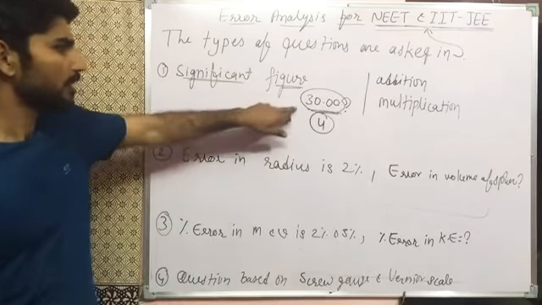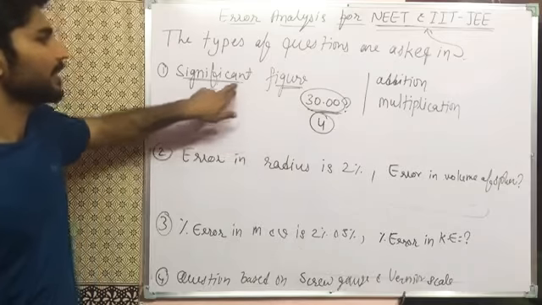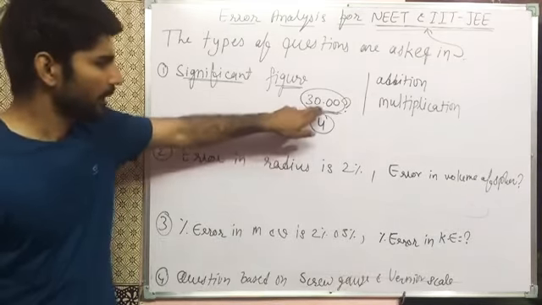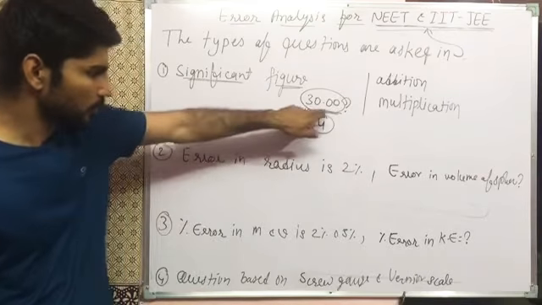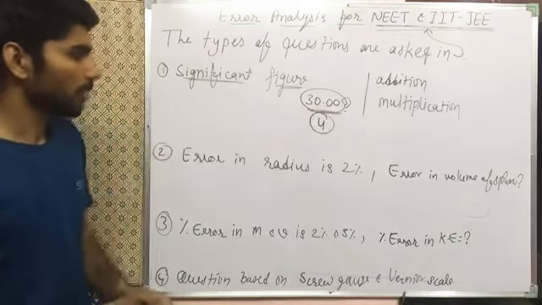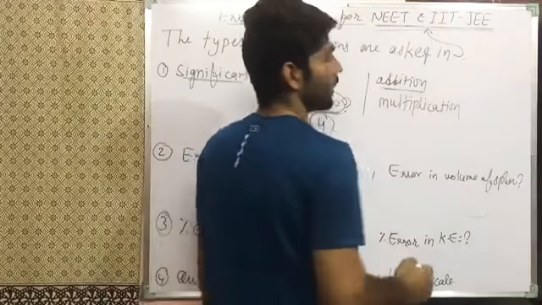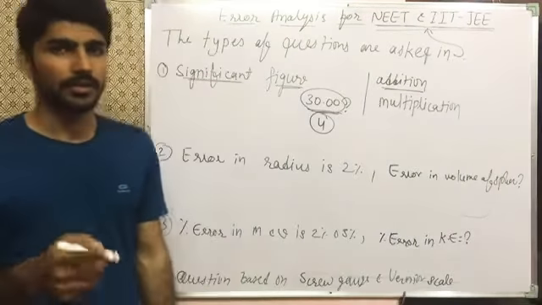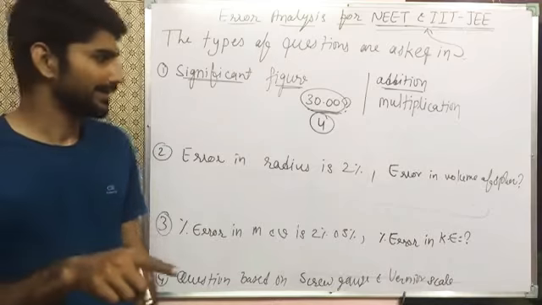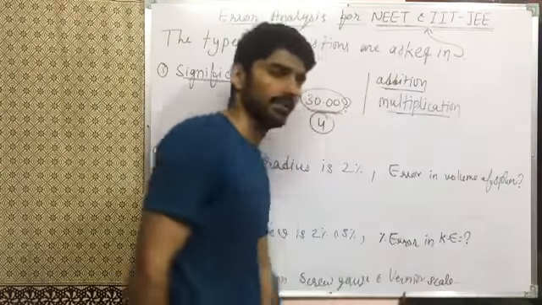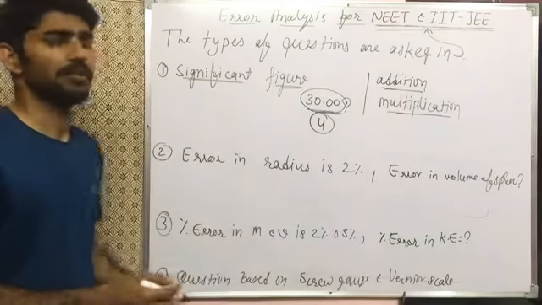This is the basic question in which they ask the significant figures directly from a given quantity or given digits. But sometimes they give you two numbers and ask the significant figures of their addition, and sometimes of their multiplication.